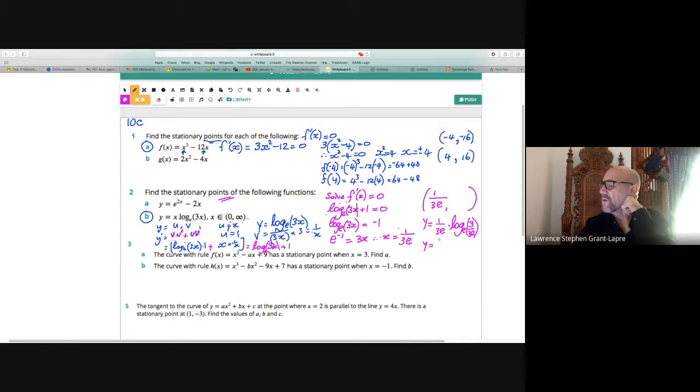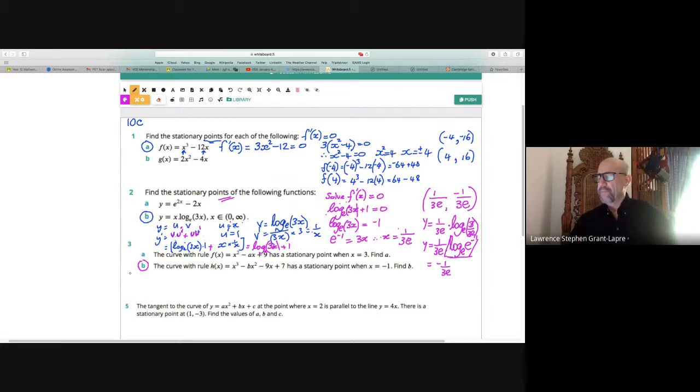And y equals 1 over 3e times log to base e of e to the negative 1. And this all equals negative 1. So the answer is negative 1 over 3e. And that's the stationary point.